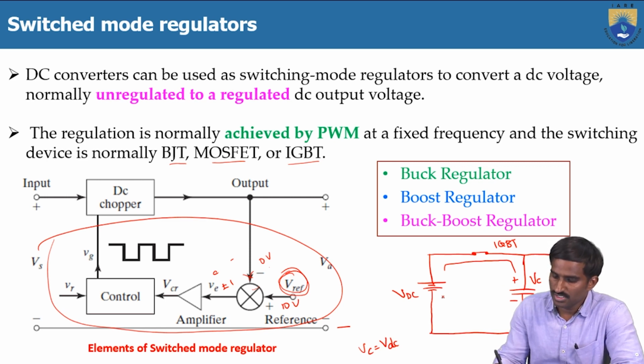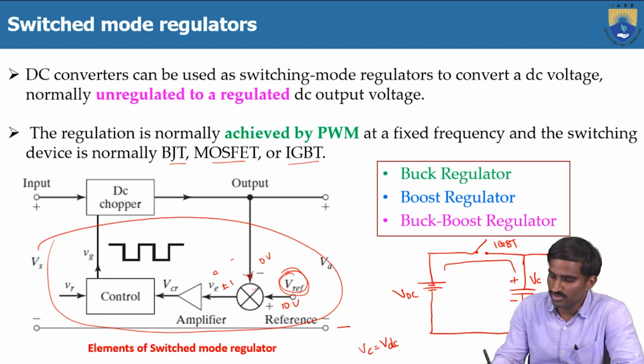When the capacitor reaches the supply voltage VDC, let me turn off the switch. While turning on the switch, the capacitor is charged fully. Now it starts to discharge through the load.